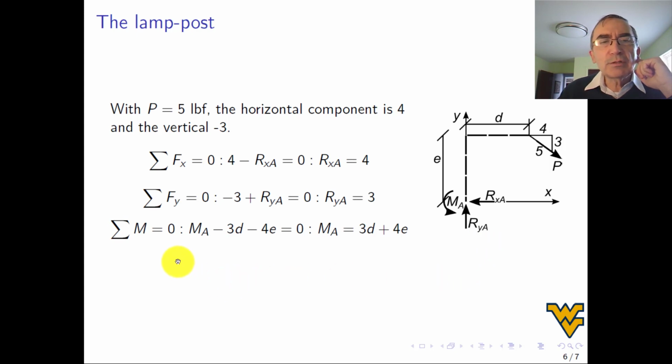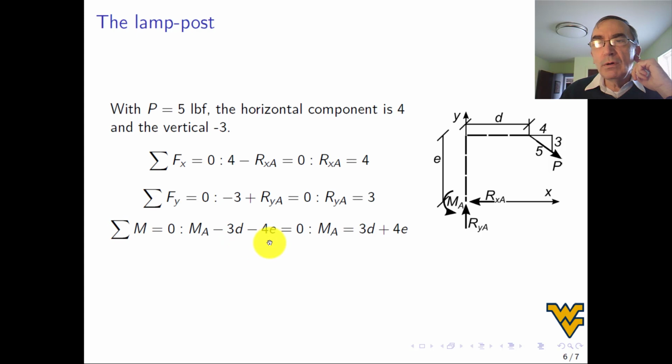So then we do summation of moments, and then we say, okay, MA, which now I'm saying is positive. So for this particular drawing, anything that is an MA like this, I say is positive. And then, of course, I have to subtract 3D because there is this 3 coming down multiplied by this distance D, which puts a moment opposite to that arrow. And if I said this arrow is positive, then the opposite has to be negative.